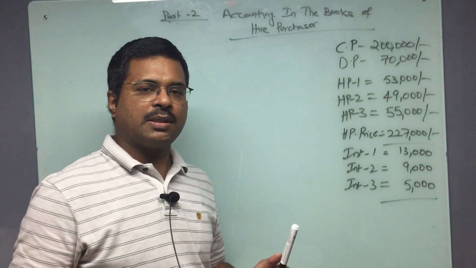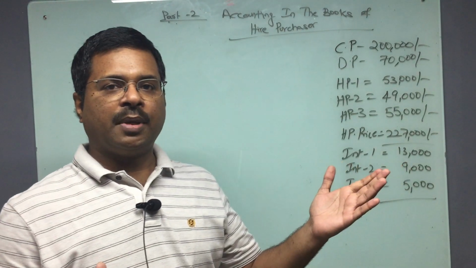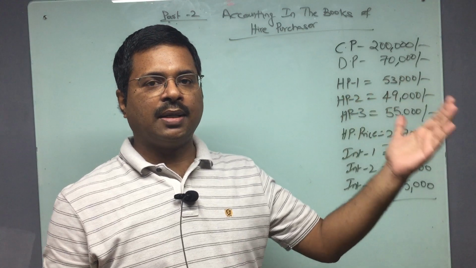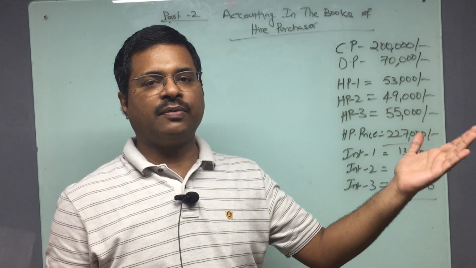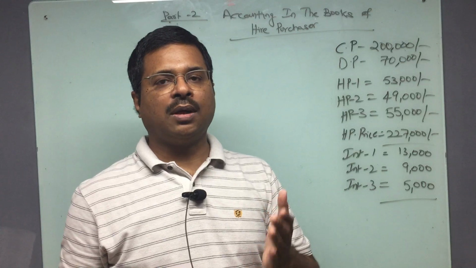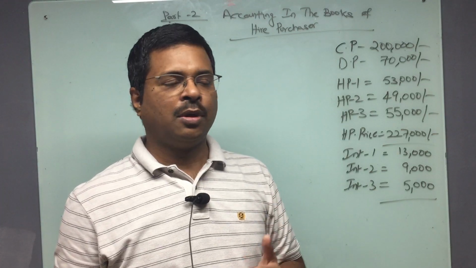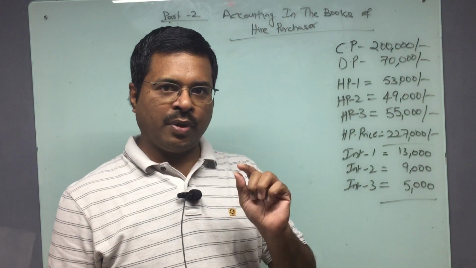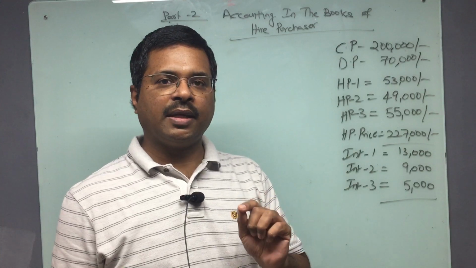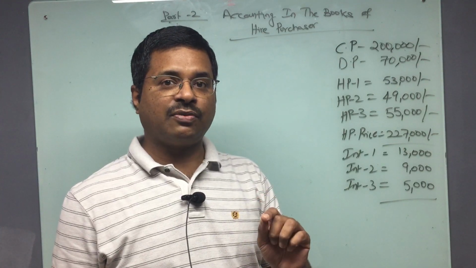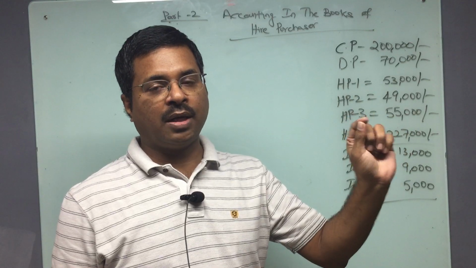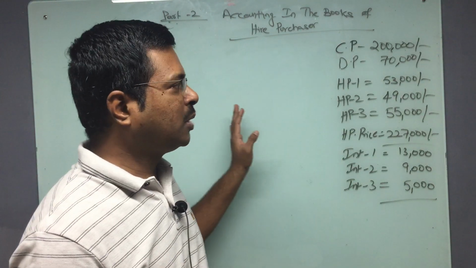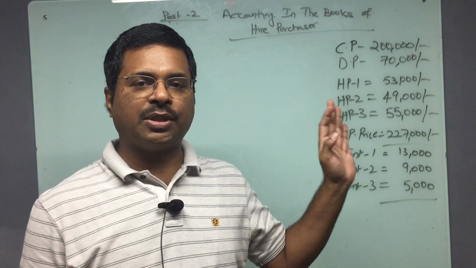When this transaction happens, there will be an agreement between hire vendor and hire purchaser, which we have already discussed, and the asset, a machinery or equipment, will be given into the possession of the hire purchaser for his use. We have said that property in the goods is not transferred from hire vendor to hire purchaser, but still, as per the disclosure requirements, we have to record it as an asset in the books of hire purchaser.